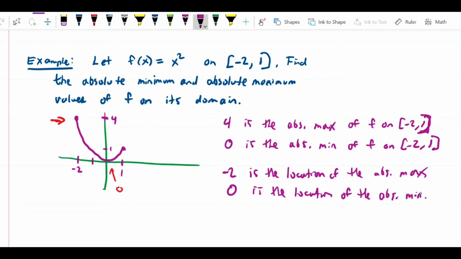It also happens that 0 is also the absolute min itself, but the point is that it's the x value 0 that tells us where the minimum y value occurs. It's just a complete coincidence that the minimum y value there also happens to be 0. A little easier to see in the case of the max in this example. 4 is the maximum value of f. -2 is the x value where that maximum value happens.